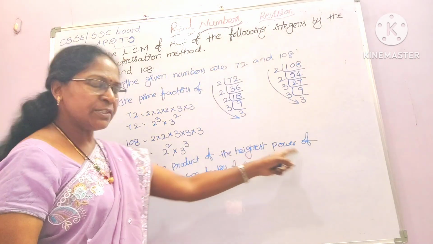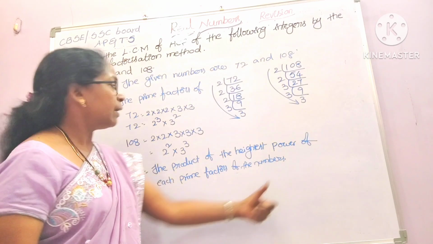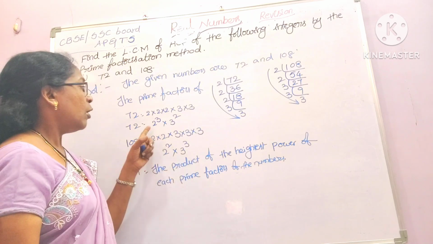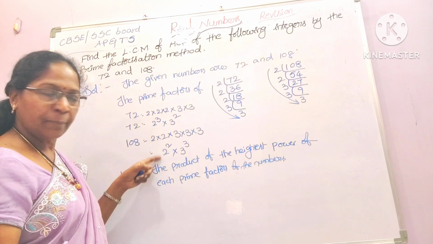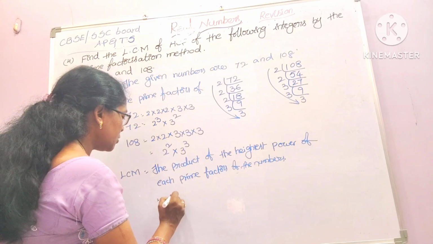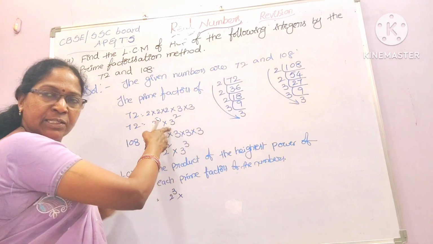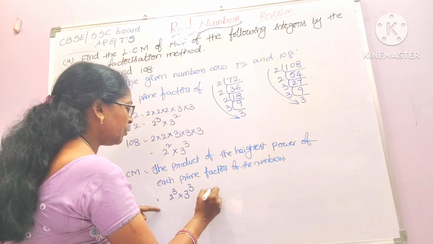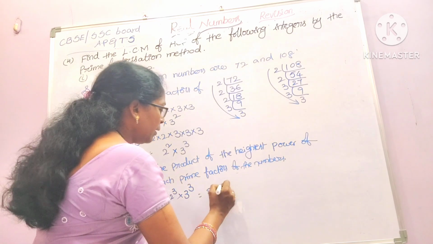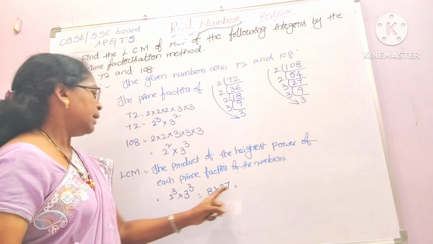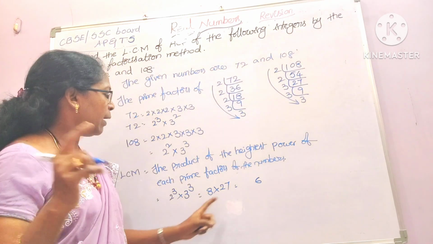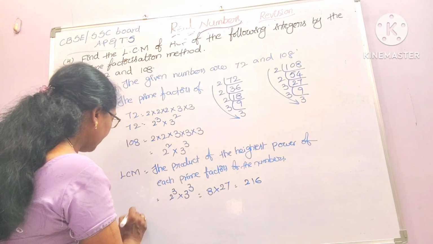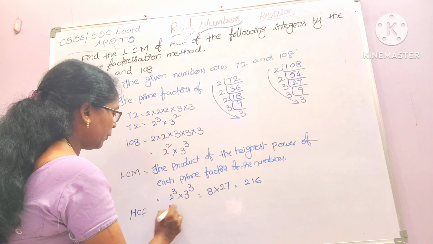The product of the highest power of each prime factor of the numbers. Here the prime factors 2 and 3 are the factors in both. What is the highest power of 2? In both, 2 cube. Next factor 3, highest power is 3 cube. That equals 2 cube, which is 8, into 3 cube, which is 27. Just multiply and write down: 8 7s are 56, 5 keep in mind, 8 2s are 16, 16 plus 5 is 21. 216 is the LCM.